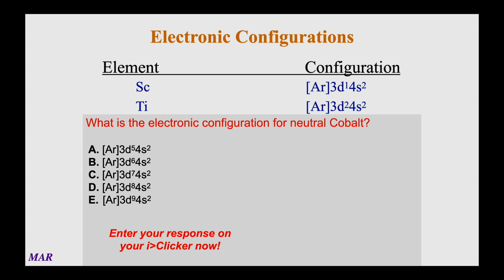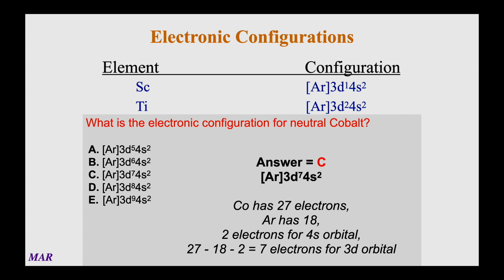Now, 3d7 comes from literally counting the atoms starting at scandium. Scandium, like you see there, is 3d1. Titanium right next to it, 3d2. After that is vanadium, 3d3. Then chromium, 3d4. Manganese, 3d5. Iron, 3d6. Cobalt, the next one, 3d7.